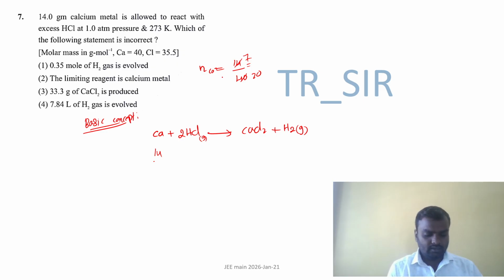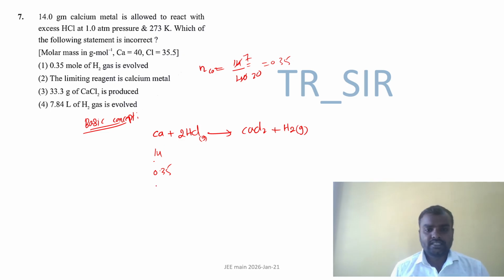7 by 20 equals 0.35, which will be the moles of calcium. So calcium is the limiting reagent.